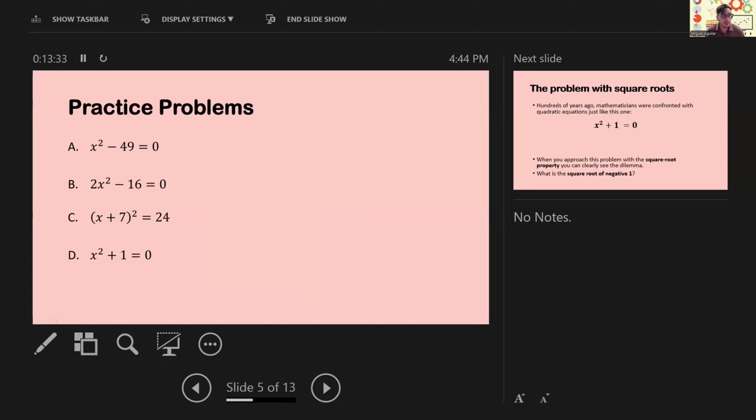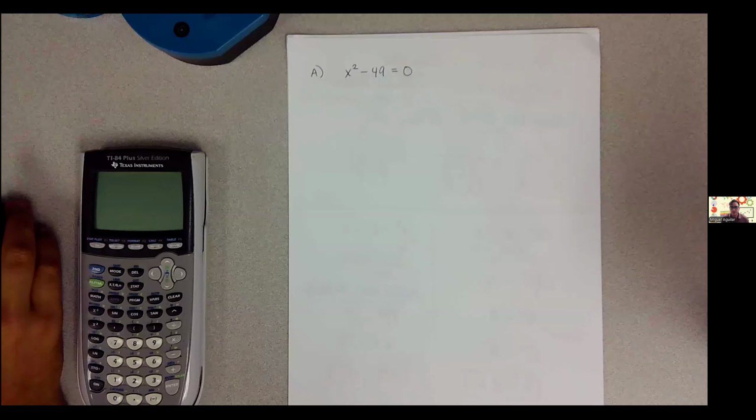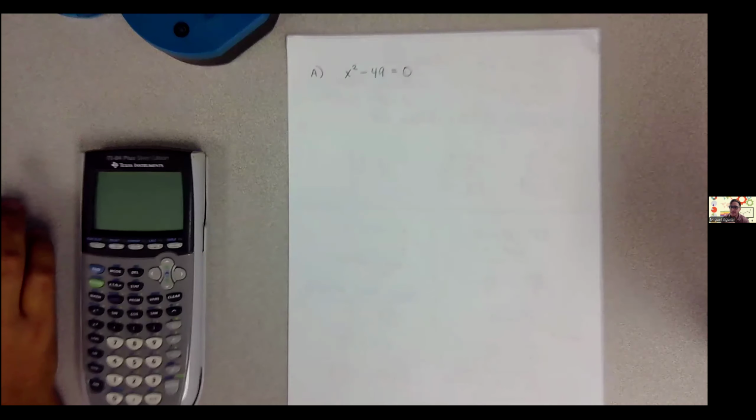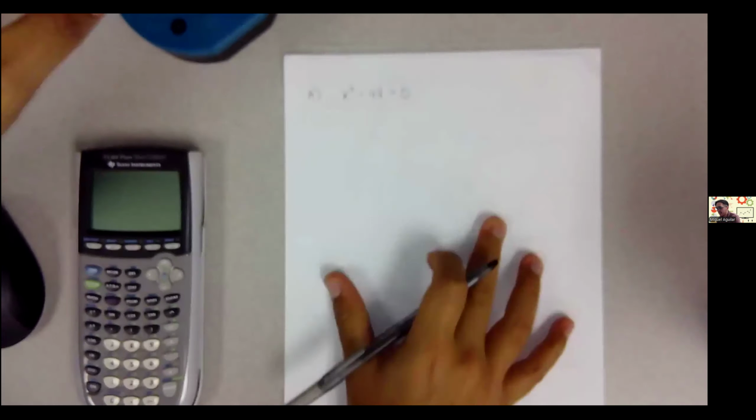Okay, so first, let's take a look at the A, which is x squared minus 49 equals 0. Okay. And let's go back over to the document camera because I think that when you watch this played out in real time, it makes a lot more sense. It starts to sink in, okay?